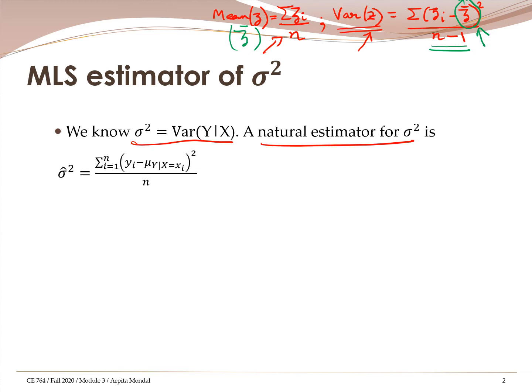Sigma square we know is the variance of y given x. We have proved that this is also the variance of the error terms, right? So the variance of y is nothing but the summation of (yi minus y bar) whole square over all the observed values. And we know that y bar, the expected value of y given x, is nothing but mu y given x. This is the y bar.